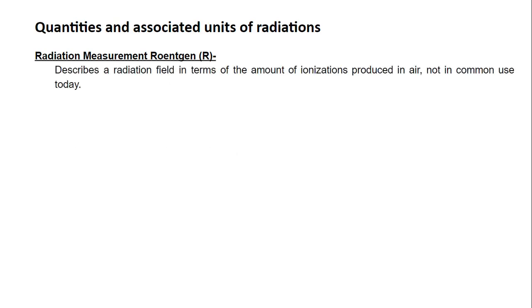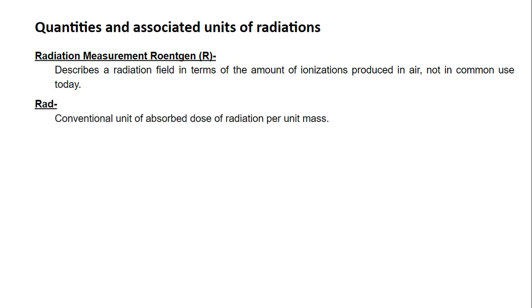Next are the quantities and associated units of radiation. Radiations are measured in röntgen, which describes a radiation field in terms of the amount of ionization produced in air, not in common use today. That was defined or standardized on the basis of the amount of ionization produced in the air.